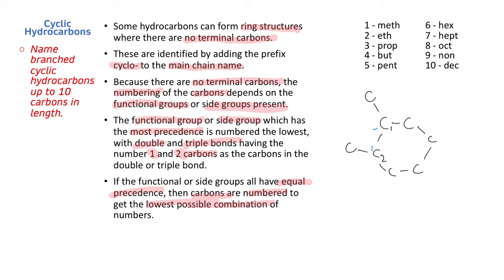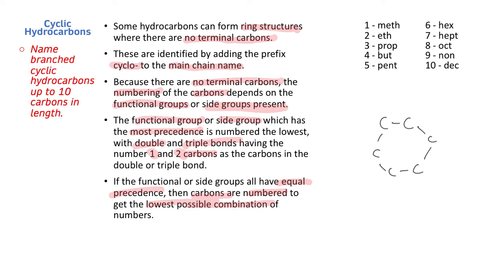You would notice that that one is actually different to this one here, which is another dimethyl cyclohexane, but this is 1,3-dimethyl cyclohexane. So that's the numbering of these.